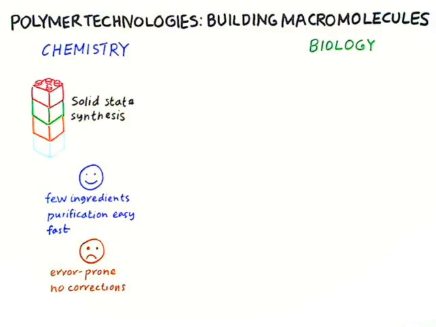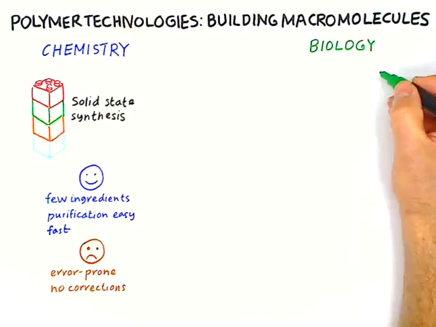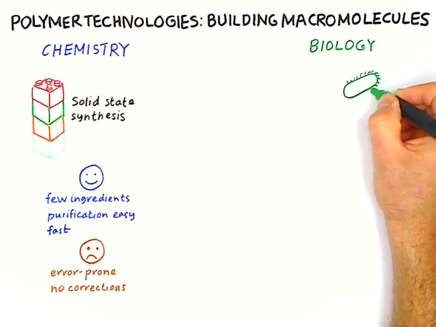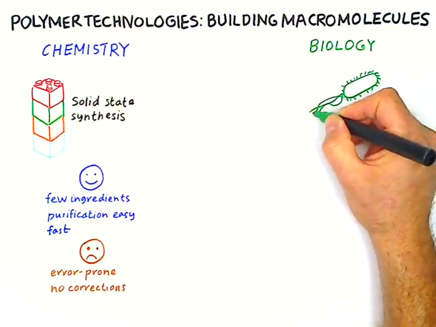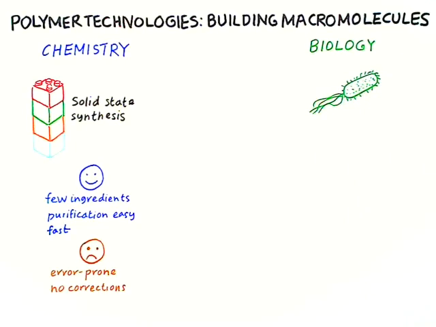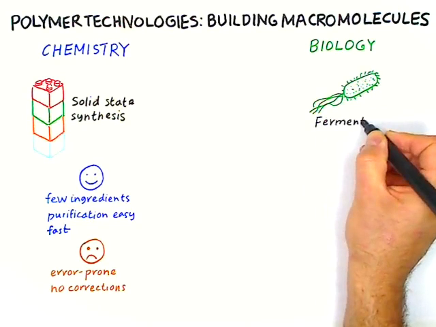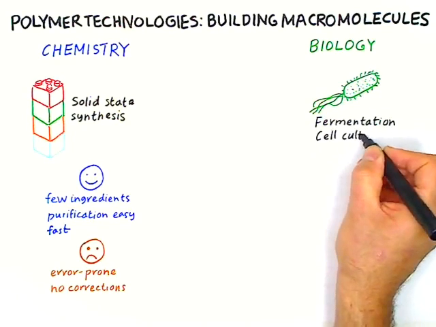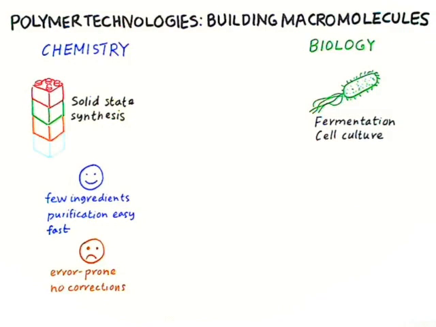When the polymers are really large and their sequence is complex, only living cells can produce them. The process is called fermentation if microbes are used, or cell culture if cells from multicellular organisms are used.